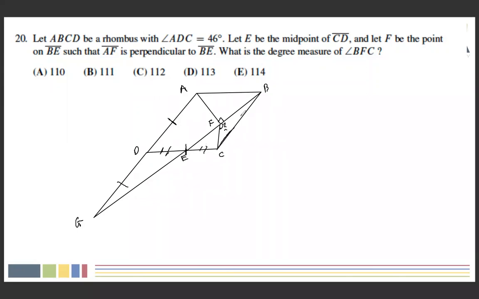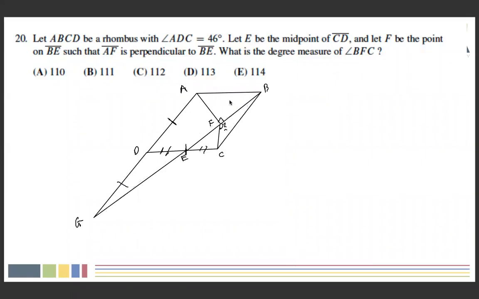And the fact that these are parallel and that we're connecting it this way means that triangle BEC is similar to GED. And because we know that DE equals EC, they're actually congruent triangles, which implies that BC is equal to DG.